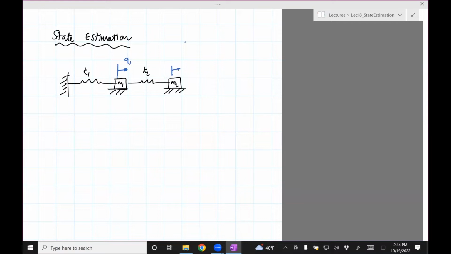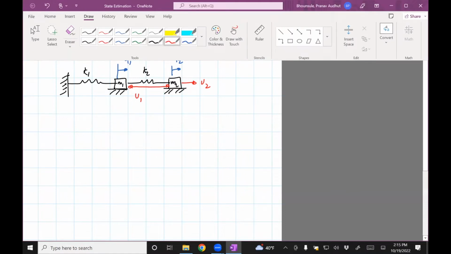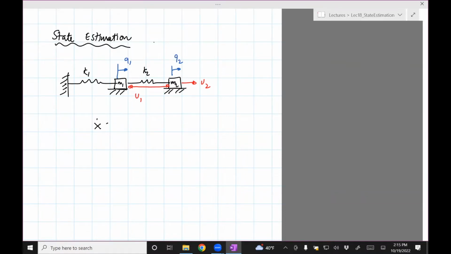Let's say Q1 and Q2 are the 2 degrees of freedom. And there is a force on mass 2, and then there is a shared force on mass 1 and M2, such that it pushes M1 to the left and M2 to the right. Okay, now we had written down the state space equations for the system.